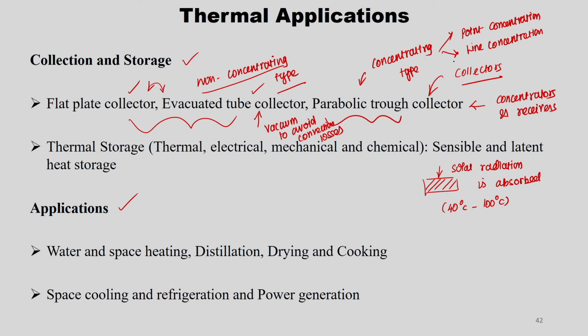Then thermal storage. Not only is collection important, we need to store the energy for the off-shine hours. There are many types of storage available: thermal, electrical, mechanical and chemical. If we take thermal storage, there are two types again: sensible and latent heat storage.